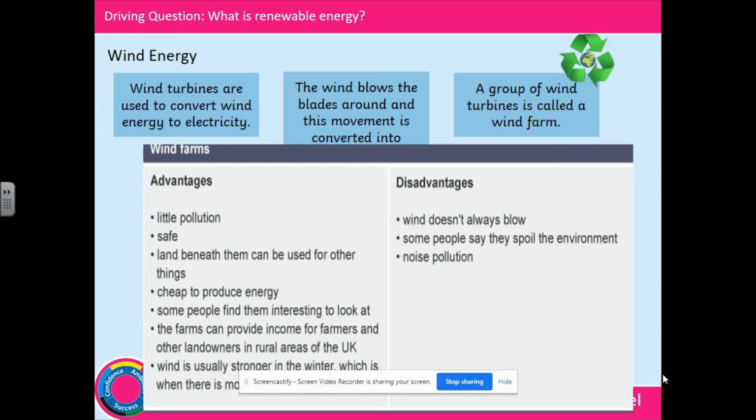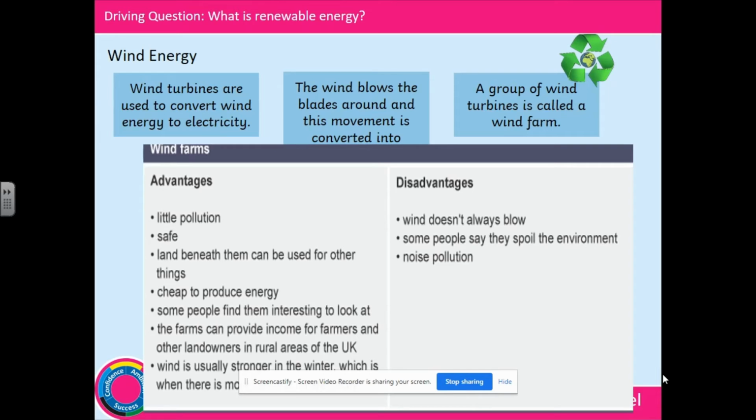Now, with all things, we have advantages and disadvantages. Some of the advantages of using wind farms are creates little pollution, it is safe to use. Land beneath them can be used for other things. It is cheap to produce energy. Some people find them interesting to look at.